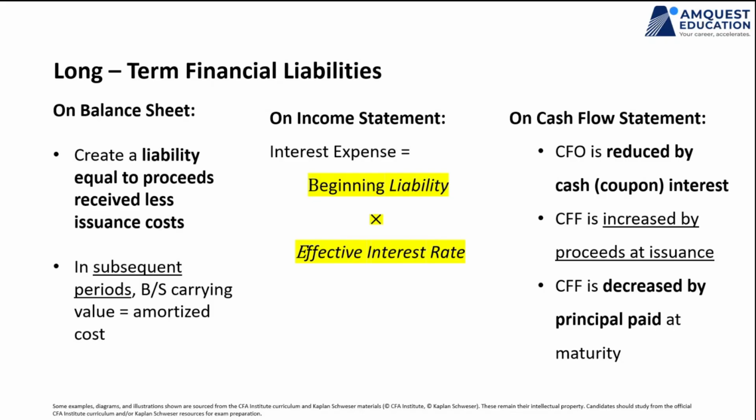Please remember, amortization is not only associated with assets, liabilities also. You are going to obviously record it. On the income statement, interest expense is equal to beginning liability times effective interest rate. And this is exactly where we say your interest rate does not match the bank's interest rate.